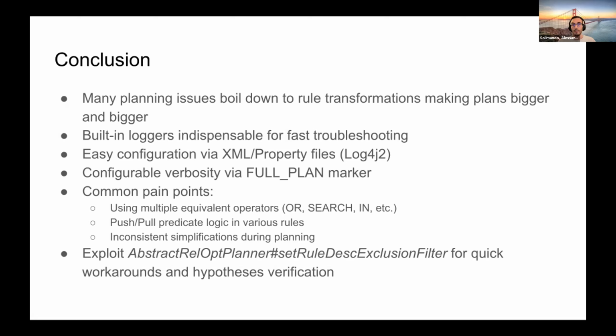Some others are using factories. Some are doing some simplification explicitly, some others don't. So there are inconsistencies that can lead to issues. Finally, we have seen how to use this method coming from a RelOptPlanner for providing quick workarounds and verifying hypotheses.